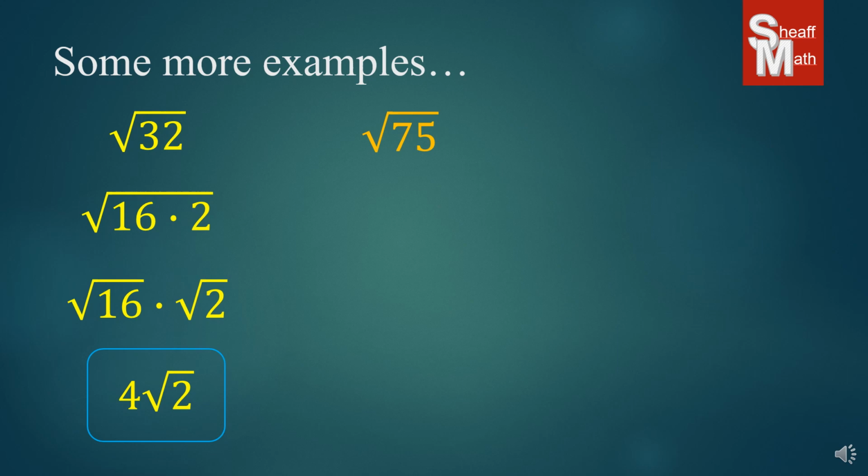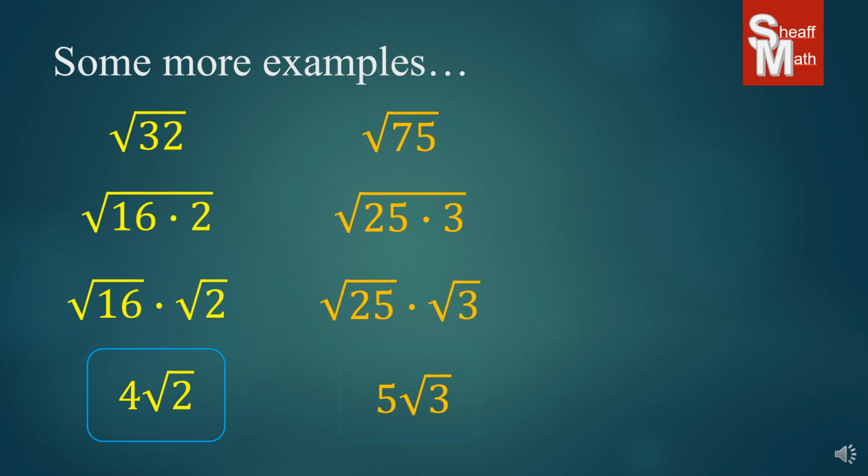Square root 75. I know that 25 goes into it 3 times, so I can simplify this with a 25. I'm going to separate those two into 2 square roots and simplify the square root 25, and I get 5 square root 3. Last example, square root 52. Now, what goes into 52?